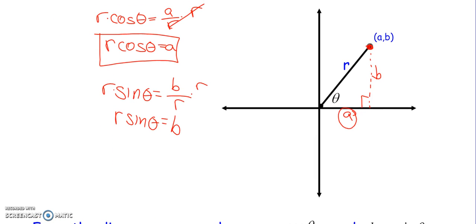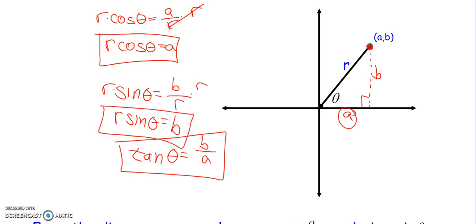As well, if I know a and b, I know that tangent theta is equal to b over a, opposite over adjacent. So I now have 3 very important, and in fact, if you take the absolute value from the other slide, 4 very important relationships, that fourth relationship being a squared plus b squared.